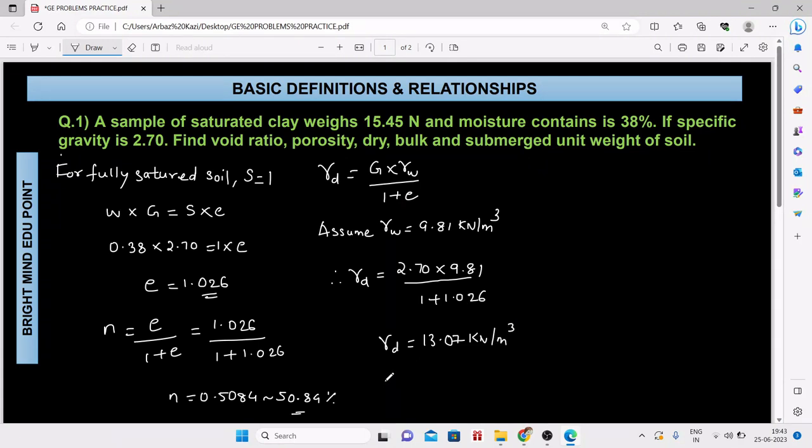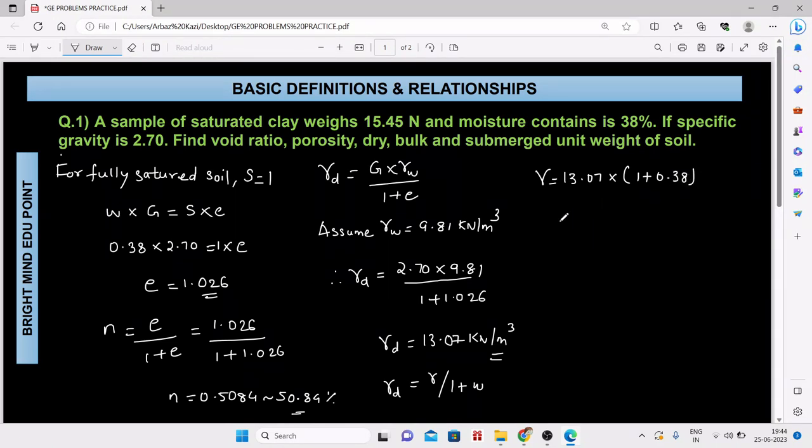We'll use another expression which states that gamma d is equal to gamma upon 1 plus w. So in this case, we have water content and also the dry unit weight of the soil. So the only unknown will be the bulk unit weight gamma. So gamma will be equal to 13.07 into 1 plus 0.38.